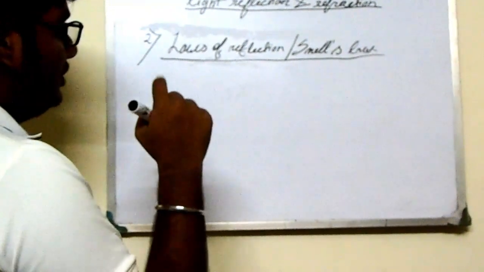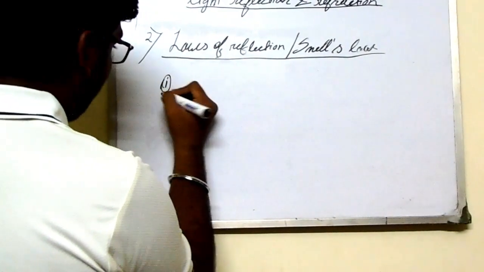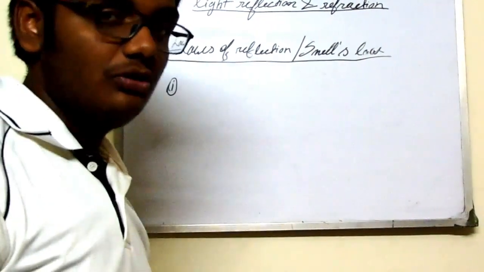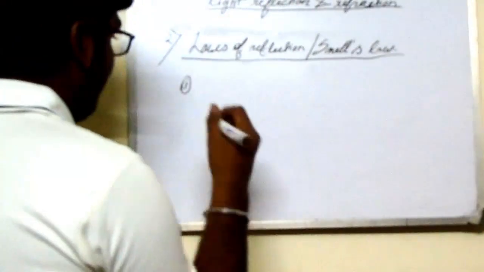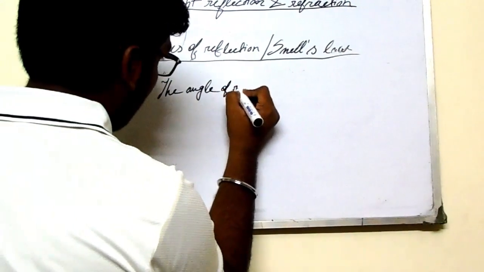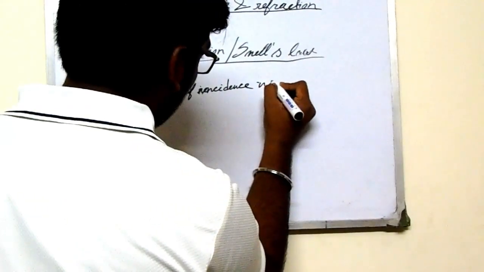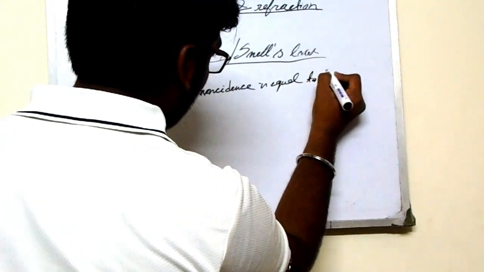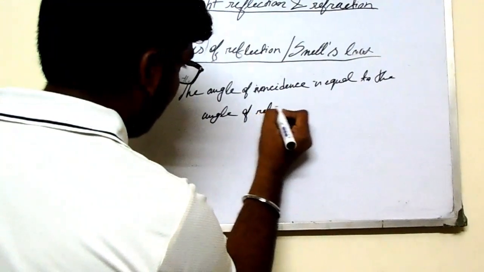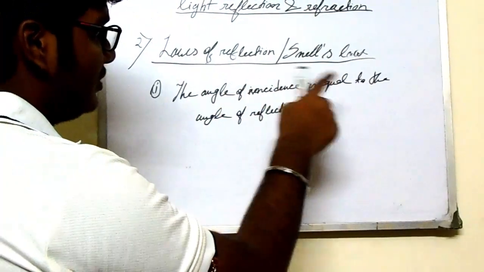There are two laws about reflection. The first one is that the angle of incidence is equal to the angle of reflection, as I told.